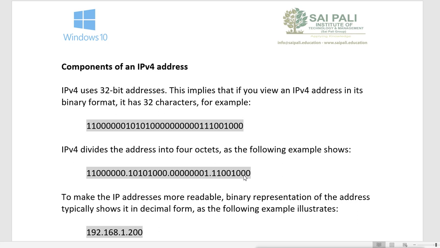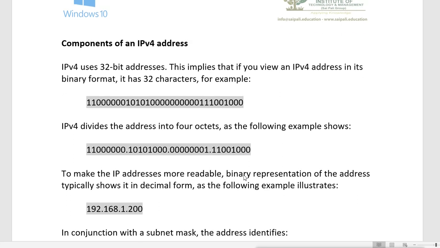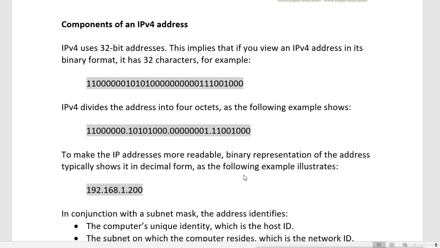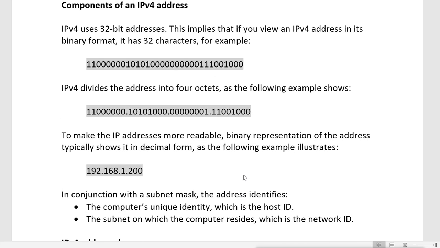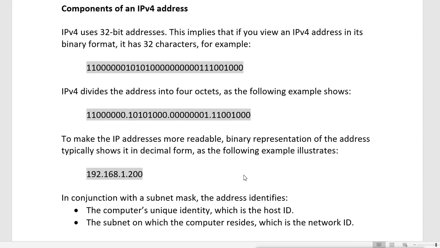Decimal, where we have numbers from 0 to 9, and we can understand these numbers because we know them from our childhood. We only learn these numbers from 0 to 9. So it is easy for us to read this IP address in the decimal version instead of the binary version.